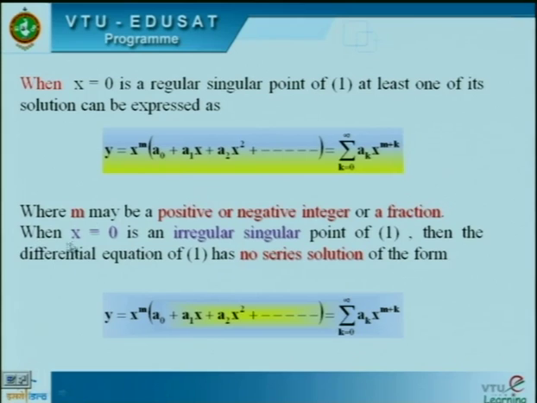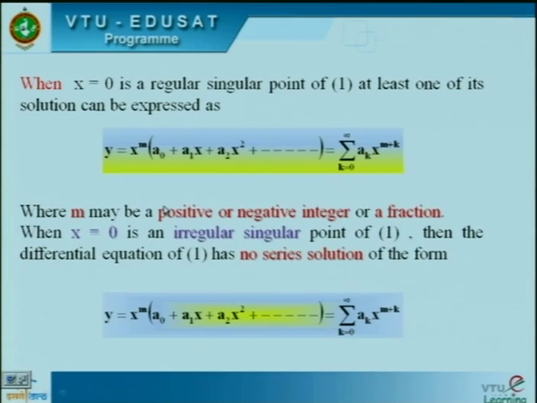So, we want to discuss all these cases. And one more thing is, when x is equal to 0 is an irregular singular point of equation 1. It means, so far we have discussed 2-3 cases, right. x is equal to 0 does not belong to those cases. In that case, I can say that it is an irregular singular point of the given differential equation. Then I should come to know that I am unable to find the solution of the given differential equation.